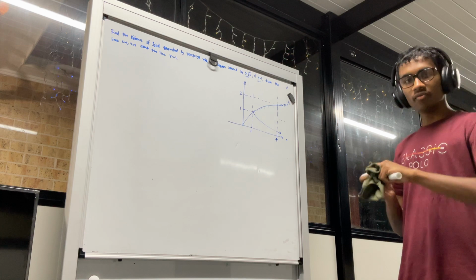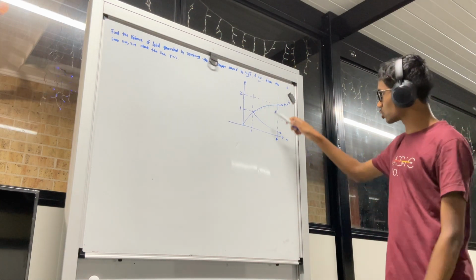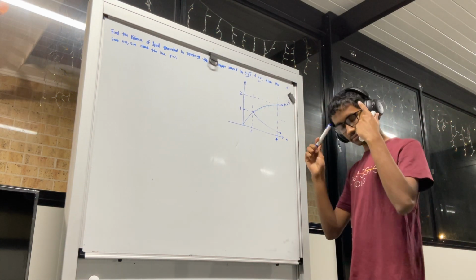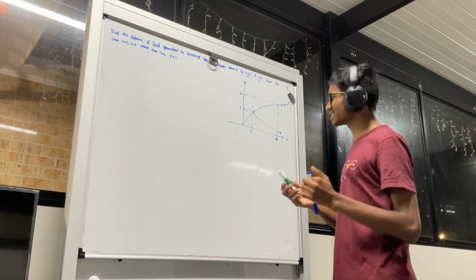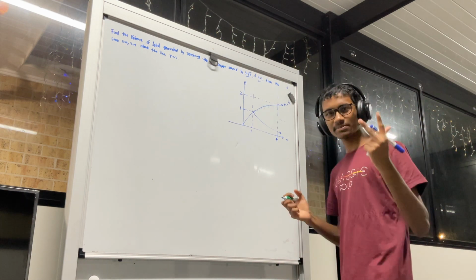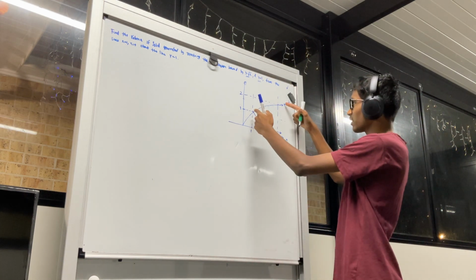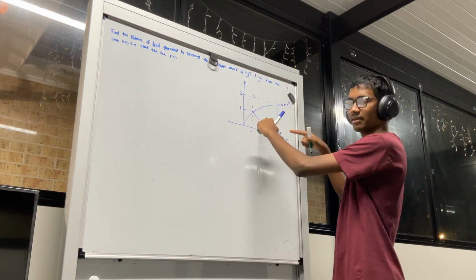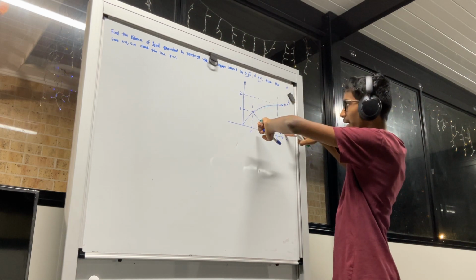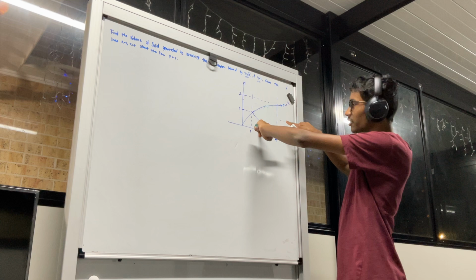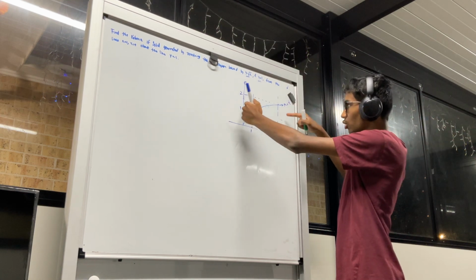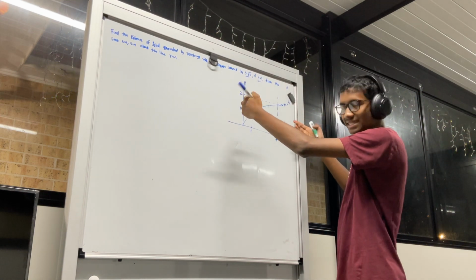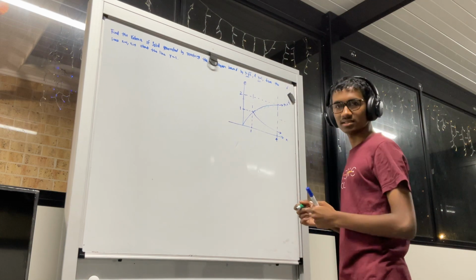Now, think about this. Why did I just draw this line? Think. If you already know this, you can skip this part, but let me explain why. See this line? When you rotate this line about the y, this is how it's going to be. When you rotate it about the x, or the line y equals 1, which is on the x-axis, it's going to be this.